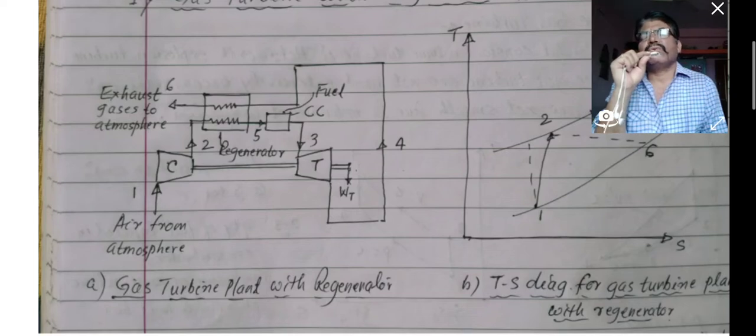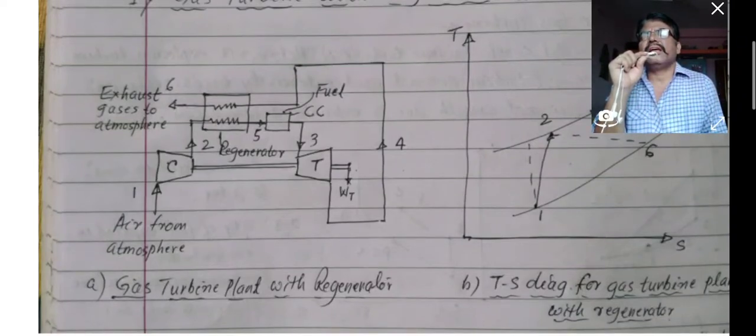Then between 3 to 4 there is the turbine. Next is 4 to 5, the regenerator or the heat exchanger. Now what exactly is meant by regeneration?